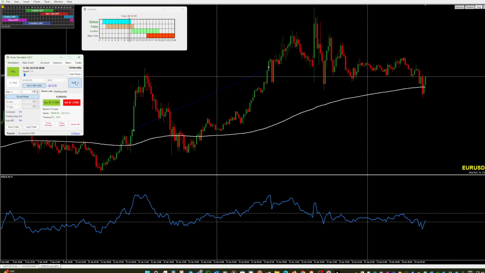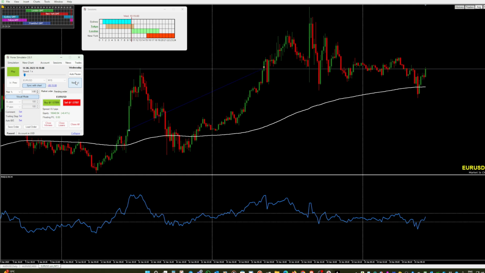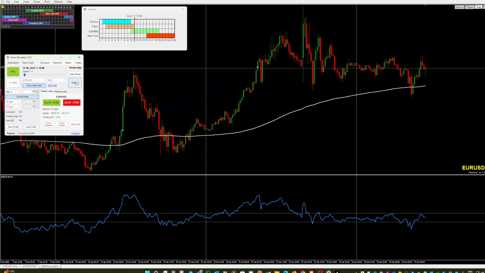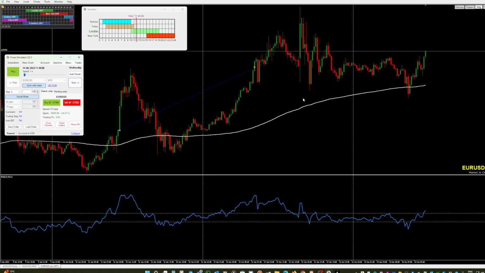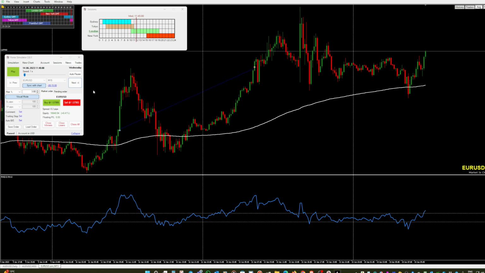Looking for the next trade, it is time for the London Open. At the moment, it looks like I'm looking for longs. And here it is. Stop loss is around 27 pips roughly.